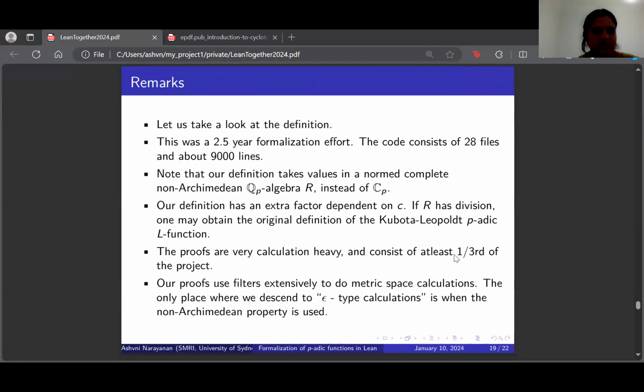And you can see that we have, to begin with, a prime P, natural number D, a normed commutative ring R, D is co-prime to P, chi is a Dirichlet character of level D times P to the power m, and c is a number co-prime to D and P. This condition here is that R's norm is non-Archimedean.